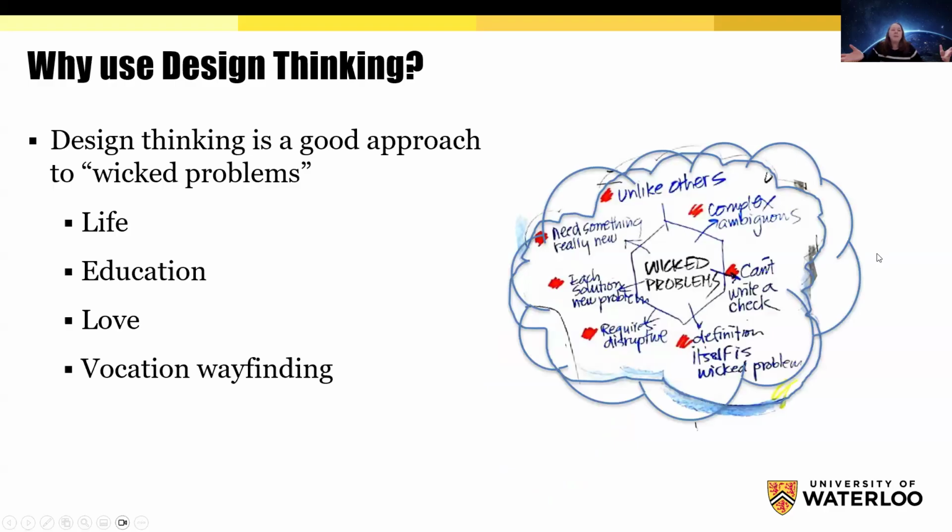So, why would we use design thinking in particular? The largest reason, I would say, is that design thinking is a good approach to things called wicked problems. Being graduate students, you might have seen advertised in graduate e-news and throughout the school that sometimes we run courses that have wicked problems in the name.